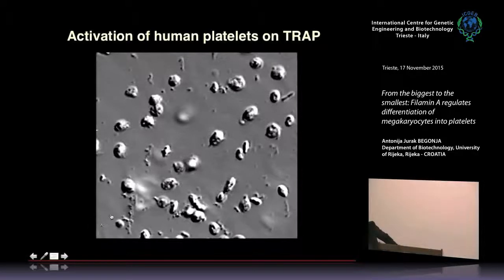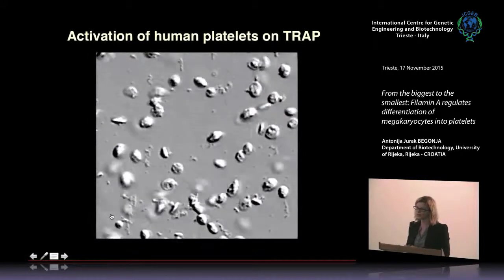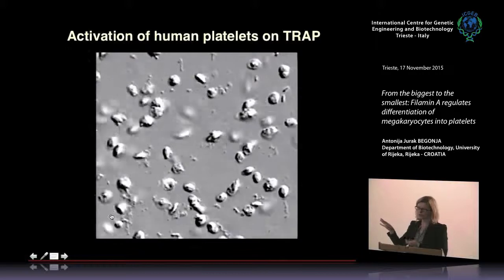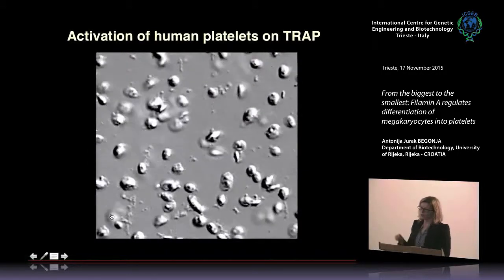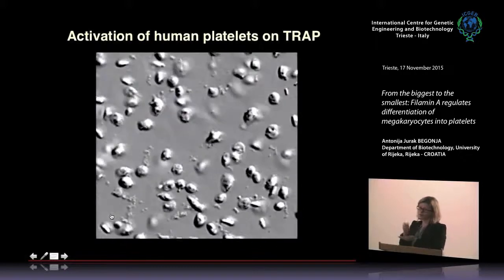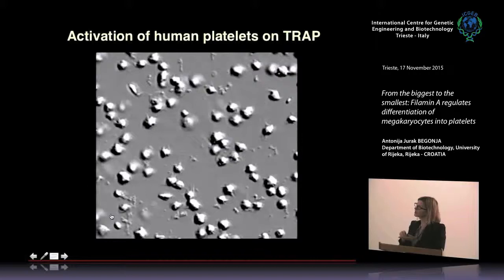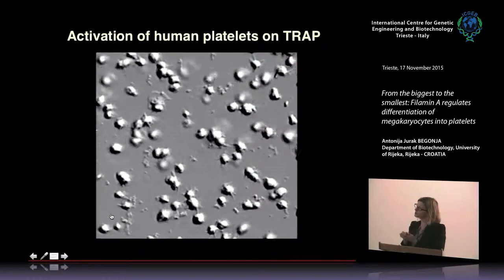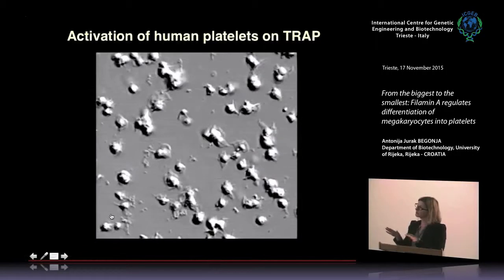platelets actually work. So these are human platelets isolated from whole blood, and we coated a surface with a TRAP. This is an agonist of platelets, and you can see when platelets that are discs first make contact with the surface, they become spherical. They start to make these finger-like projections. The whole platelet is being flattened.